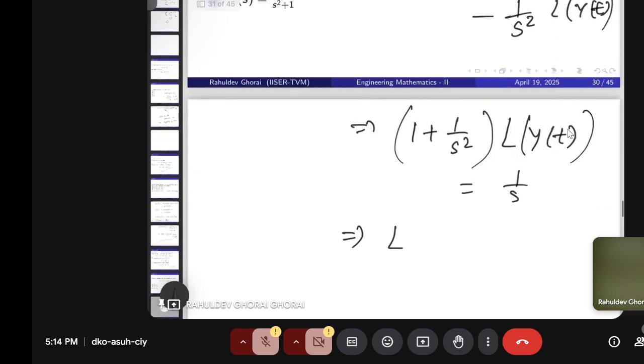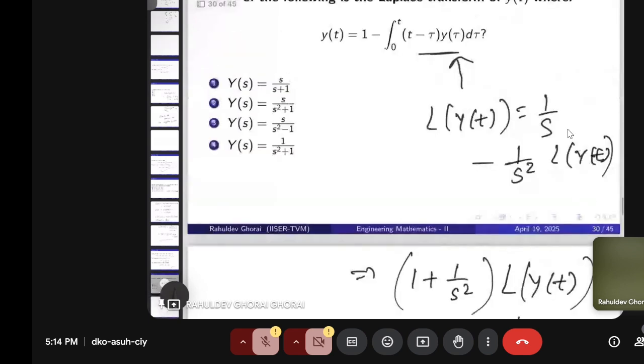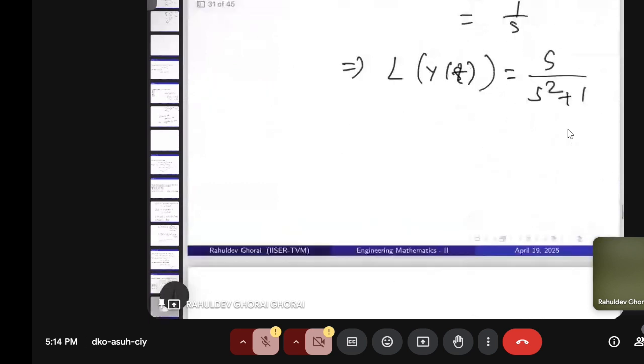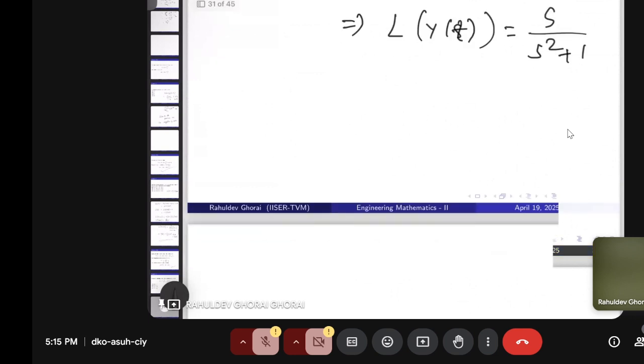That is, L of y(t) will be, with s square plus 1, s over s square plus 1. See, s over s square plus 1 is nothing but cos t. So y(t) will be cos t. Okay, but you need to know only this much. So that is okay.